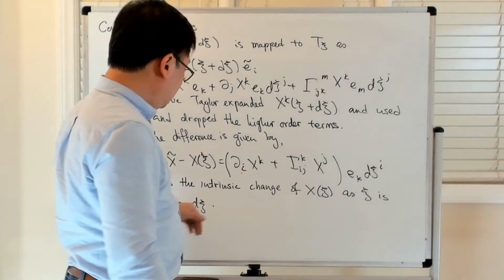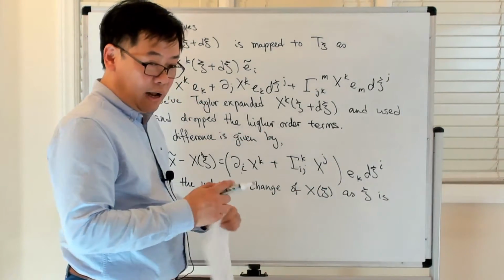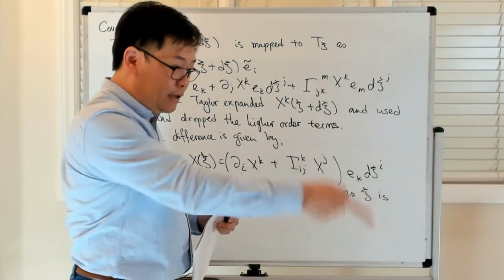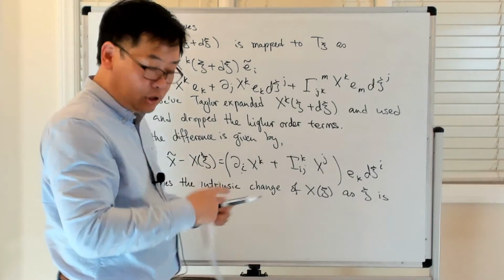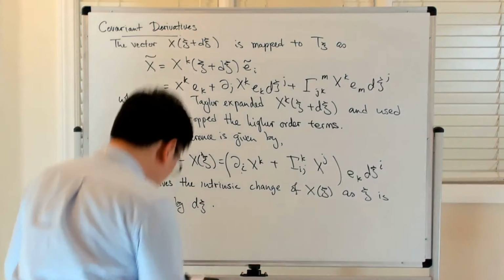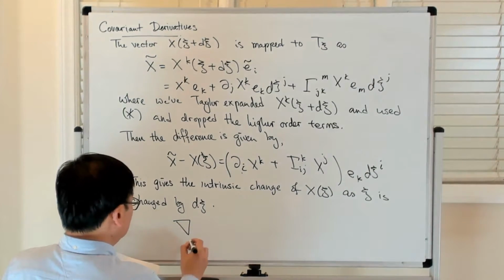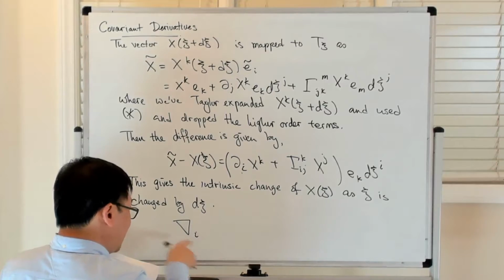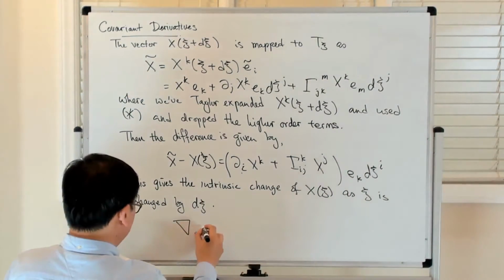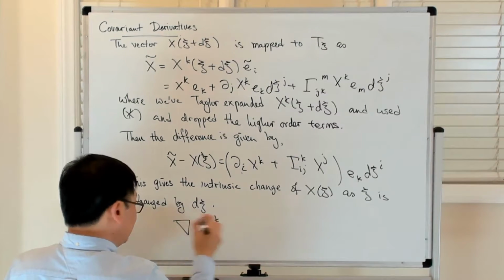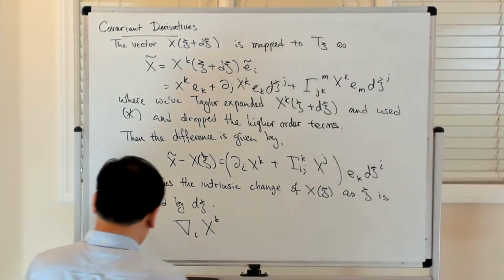So this quantity in the parentheses is telling you how, as you move in this i-th direction, the k-th component of the vector field is changing. So how do I denote that? I can write down nabla_i, moving in the i-th direction, and I want to look at the vector field, but the k-th component of it. That object is this thing in the parentheses.